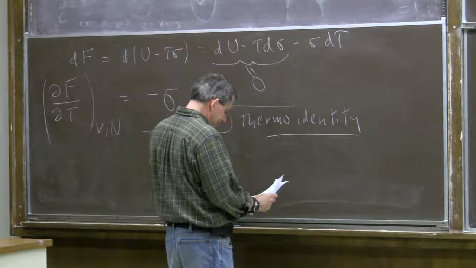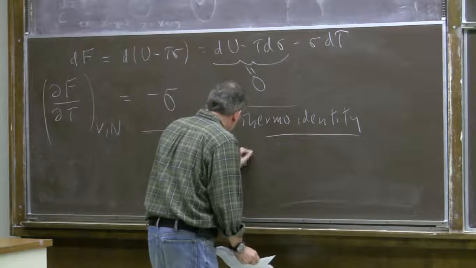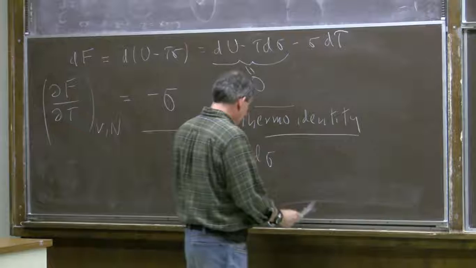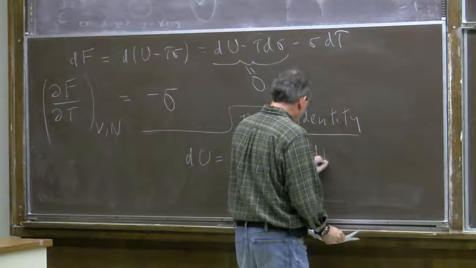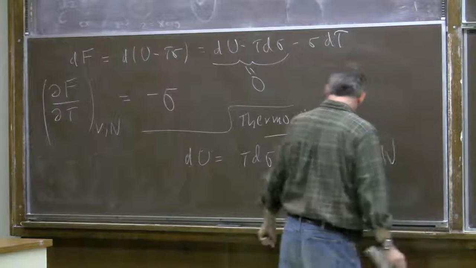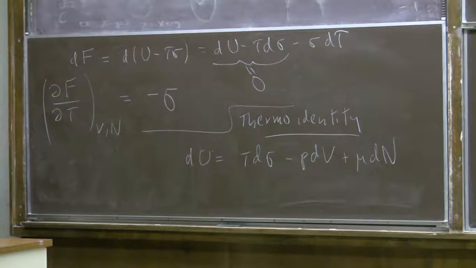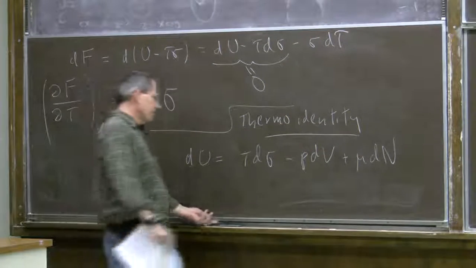That doesn't look right. Tau d sigma, mechanical work done, and also flow of particles against some chemical potential difference.